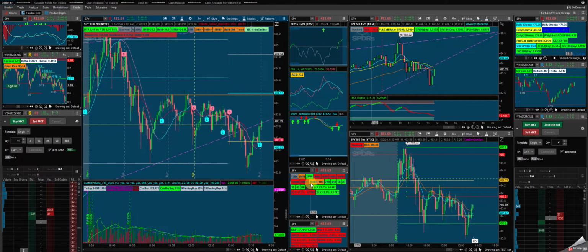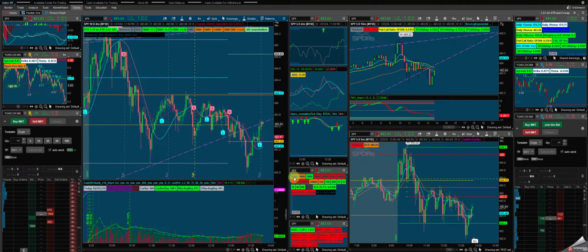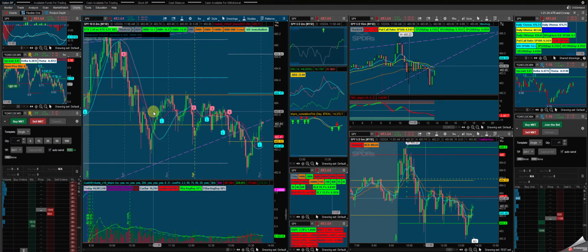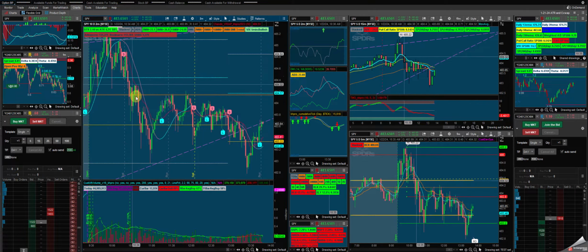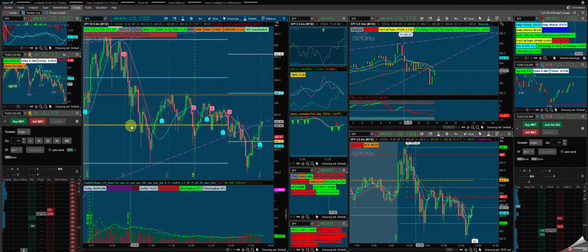Now that applies more to a couple day hold or so, but it is very telling when you start to see 1 turn red, 2 turn red, 3 turn red, 4, 5, 10, 15, and so on. You can gauge how serious the trend is, or how much momentum it has.